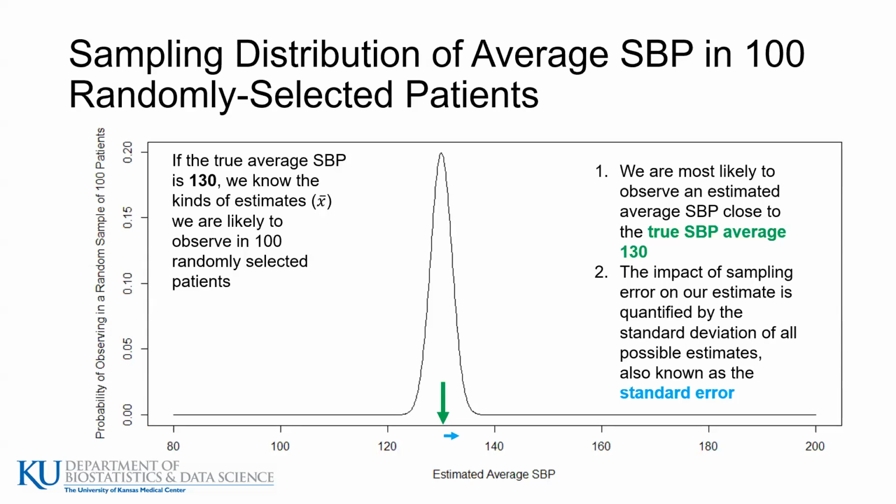Statisticians have created a framework by which we can know the kinds of estimates that we are likely to observe from some particular type of study. So here is what we refer to as the sampling distribution of X bar, being the observed average systolic blood pressure in the sample.